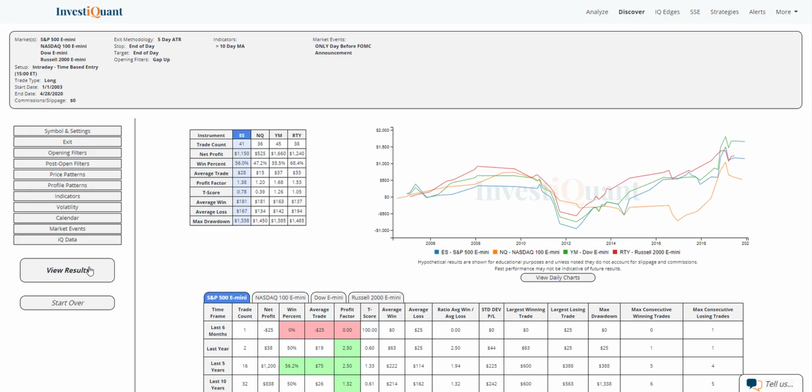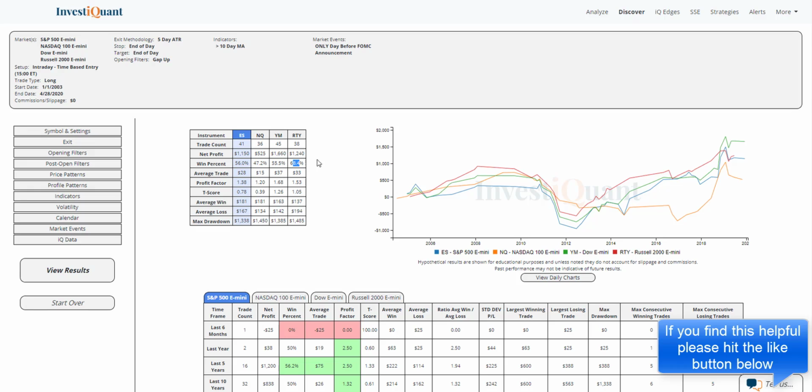This pattern doesn't really have a strong bias for 3 p.m. to 4:15 going into the closing part of the day. You just see a 56% win rate on the ES. NASDAQ is a 47, a little bit weaker, YM just a little bit better than 50-50, and Russell a little bit stronger. You've got roughly 40 samples on each of these.